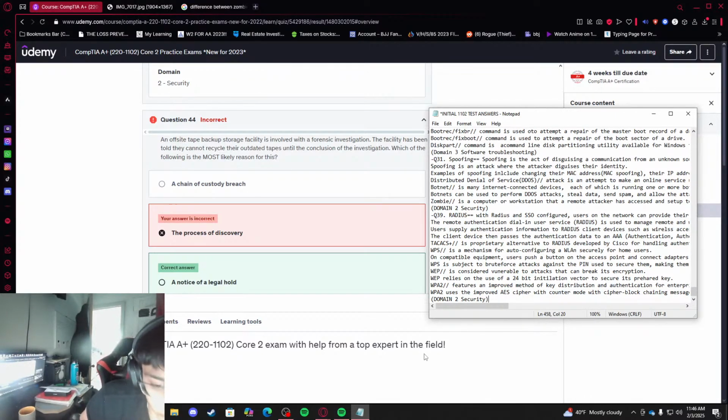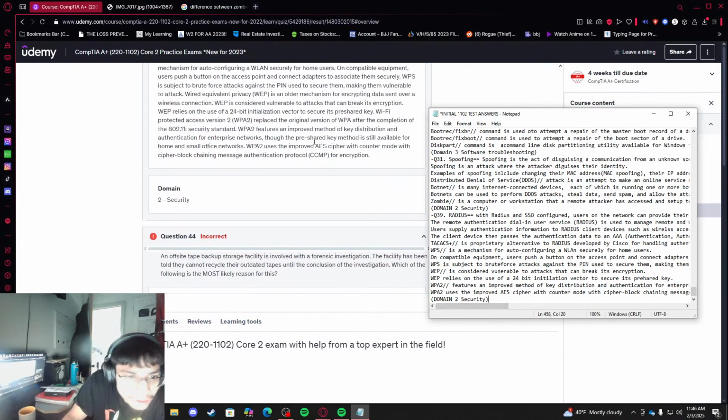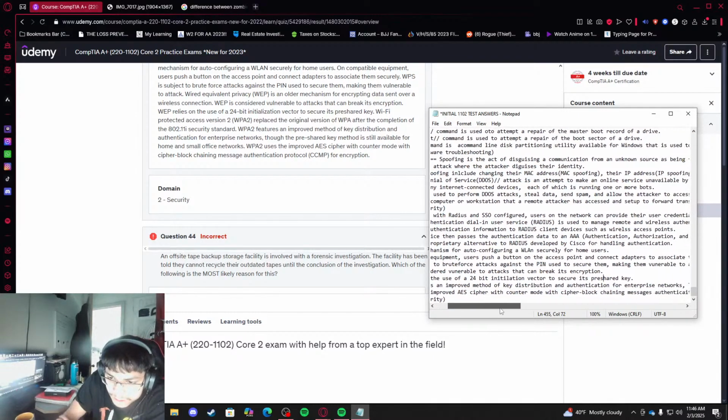Turn this off now. All right. So WPS uses an 8-number PIN to secure it. WEP uses a 24-bit initialization vector, pre-shared key. WPA2 uses improved.